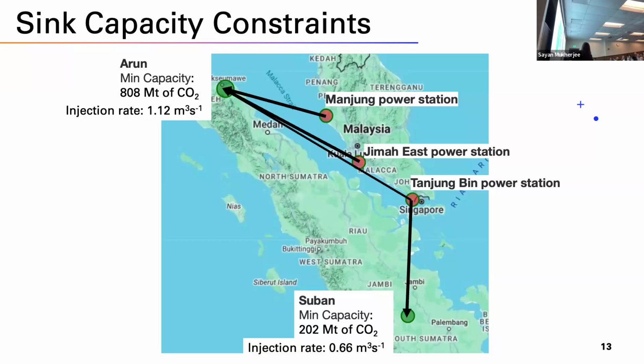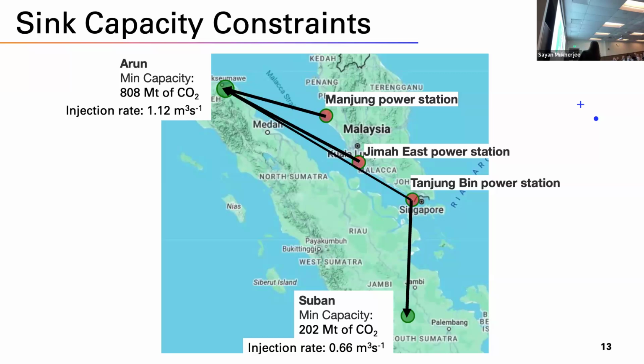For example, as you see here, there's 2 plants, and for the Taoyuan Power Station, it might be easier and more cost effective to send it to the Subian reservoir, but the injection rate is a lot smaller, so you could only send so much there per year.